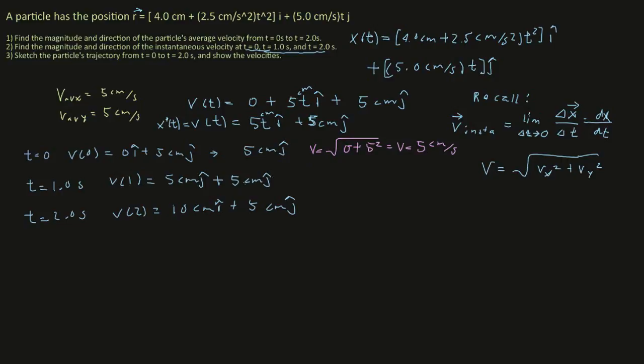And also here, when t equals 1, we do the magnitude, it's going to be the square root of 5 squared plus 5 squared, which is the square root of 50.